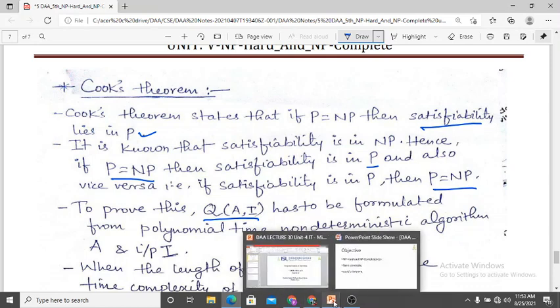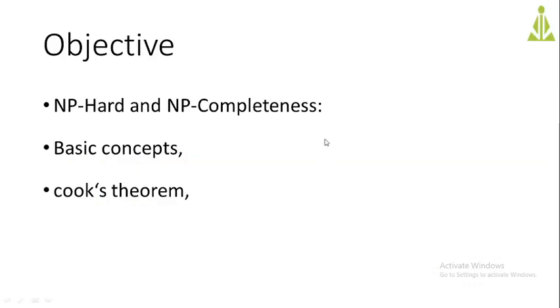So we saw the basic concept of polynomial time, non-deterministic polynomial time, NP hard, NP complete, and Cook's theorem.